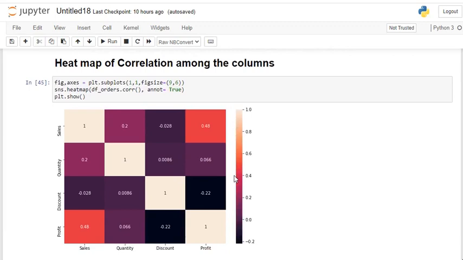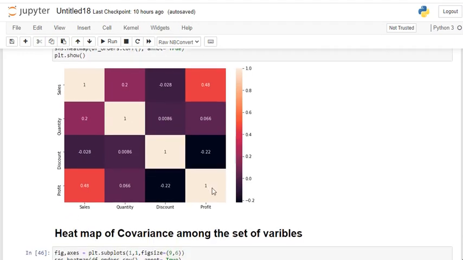Heat map of correlation among the columns. Already we have discussed what the correlation is between two different variables. The correlation should be one. The same data has been visualized by using a heat map. So sales, quantity, discount, and profit.